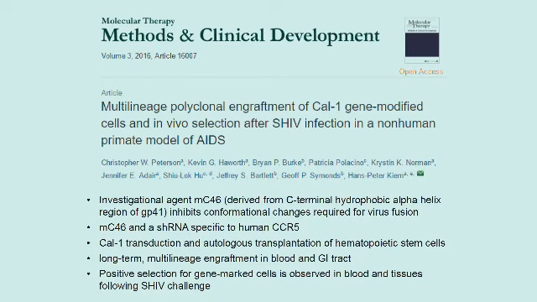And this is being developed by Calimmune. The product is called Cal1, and this is modifying hematopoietic stem cells and delivering autologous HSCs. So the goal is to assess for multi-lineage engraftment in blood and the GI tract and see whether there is positive selection for gene-marked cells in blood and tissues following SHIV challenge.